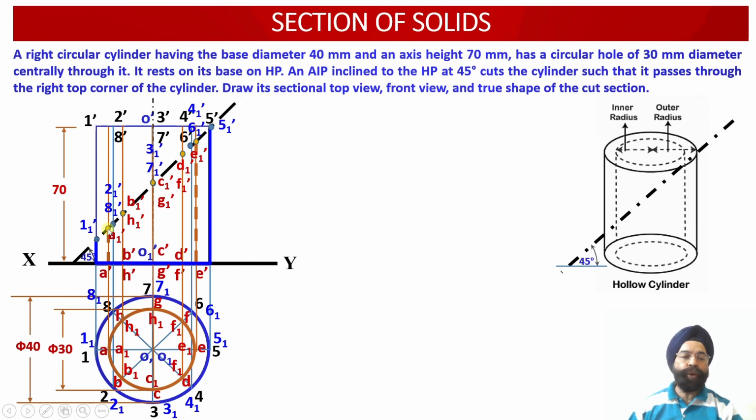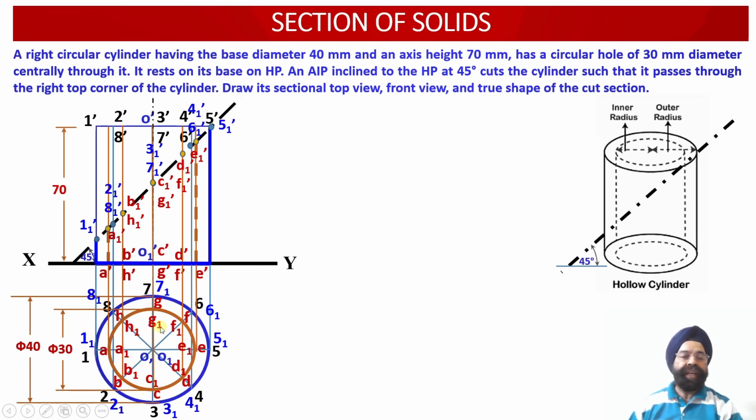So in the top view projections, A dash and A1 dash will be coinciding with each other. Similarly, the points B and B1, C and C1, D and D1, E and E1, F and F1, G and G1, and H and H1 have also coincided with each other.